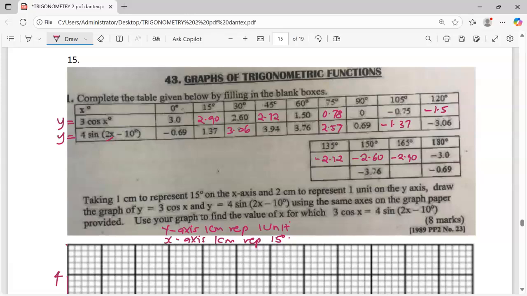Next, we are going to have negative 3.06. We have 135 next. So 2 times 135 will give us 270. Minus 10, you get 260. So it is 4 sin 260, which will give us negative 3.94.